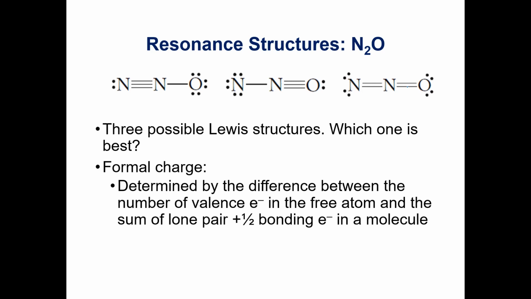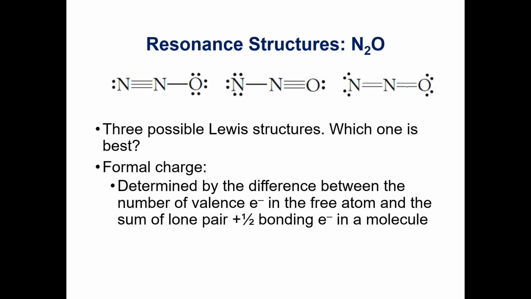Well, the way that we determine that is by calculating the formal charge. The formal charge is determined by the difference between the number of valence electrons in the free atom and the sum of the lone pair electrons plus half of the bonding electrons in a molecule.